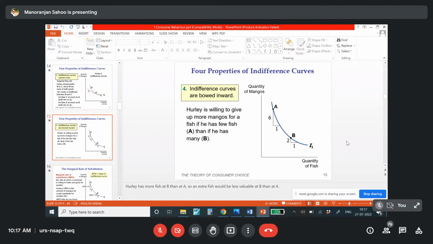When the slope is not constant, we can say the indifference curve is non-linear. When the slope is constant, it is linear. When the slope is not constant, it is a non-linear or convex curve. So why does the slope of the indifference curve diminish?